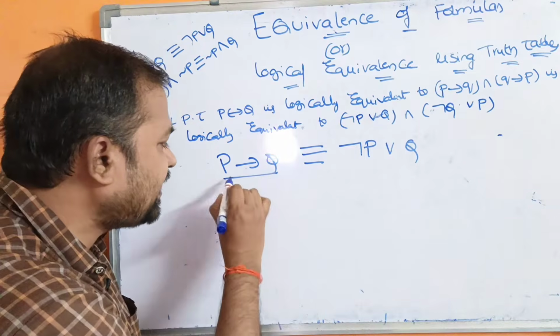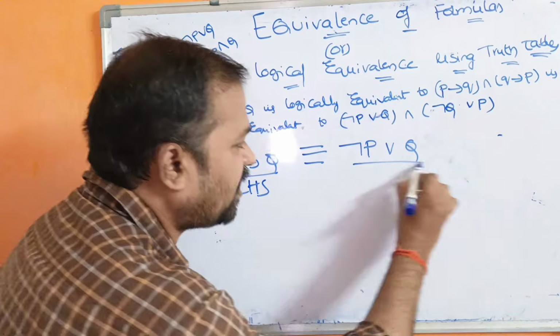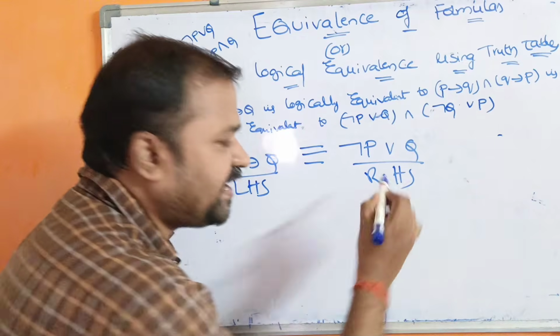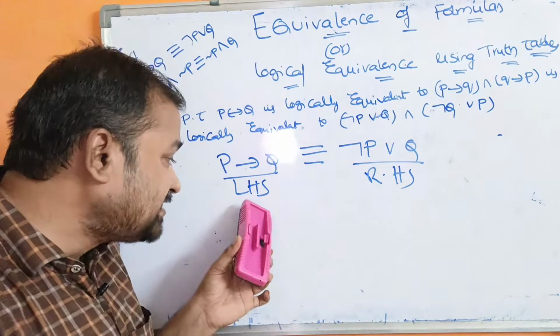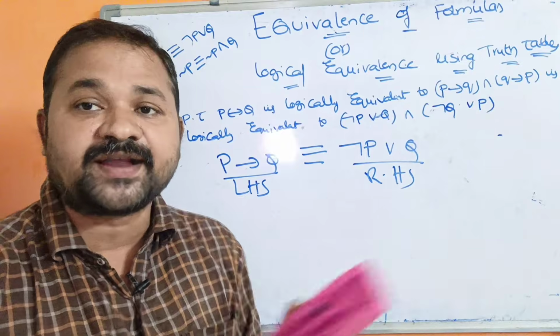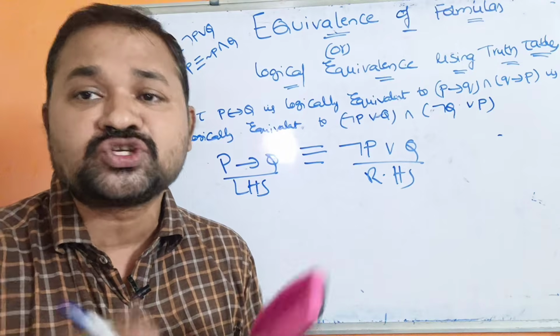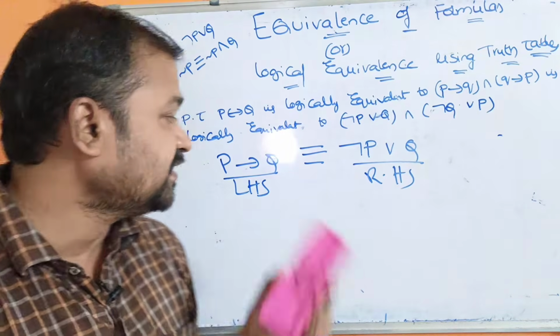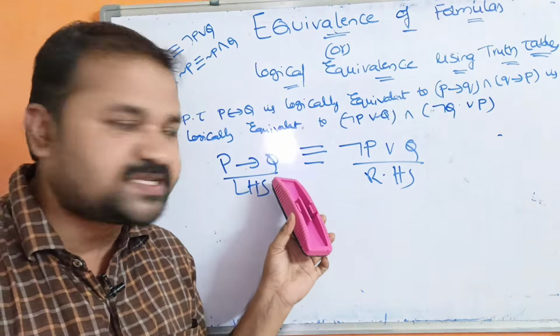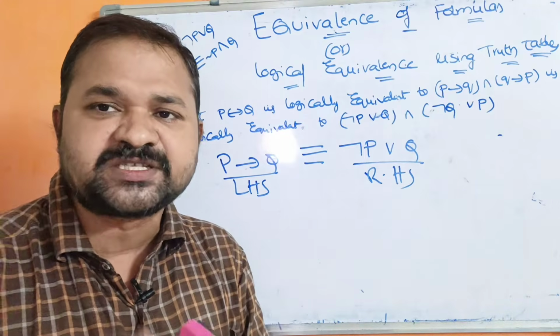This is the LHS and this is the RHS. After calculating the truth table, if the LHS column is the same as the RHS column, then we can say that those two propositions are logically equivalent. Here, how many propositions are there? We have only two propositions, P and Q.